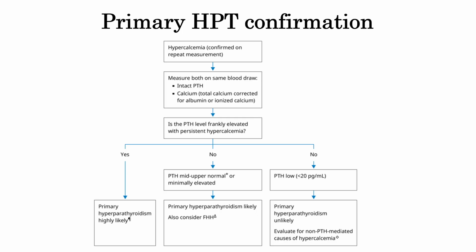If it is in the mid-upper normal range or minimally elevated, we are either in front of primary hyperparathyroidism or familial hypocalciuric hypercalcemia. But if PTH is low, less than 90 picograms per milliliter, primary hyperparathyroidism is less likely, and we should evaluate for other non-PTH mediated causes, like malignancy, with measurement of PTH-related peptide.